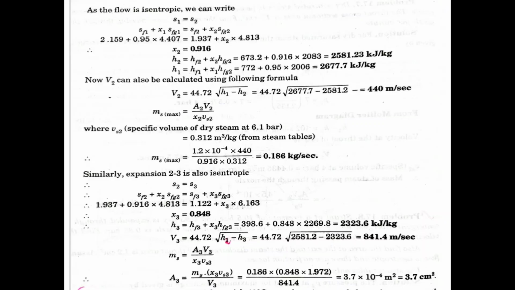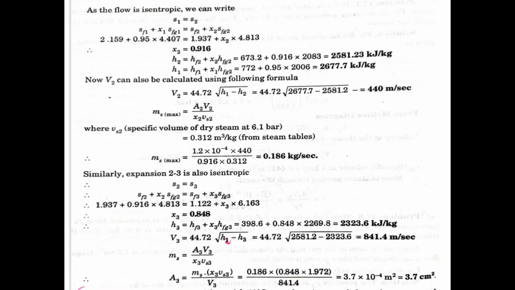Then H2 equal to hf2 plus x2 hfg2, where hf2 and hfg2 are taken directly from the steam table at pressure P2. Now V2 can be calculated using the formula V2 equal to 44.72 square root of H1 minus H2. We know the values of H1 and H2, so from that we find the intermediate velocity V2.